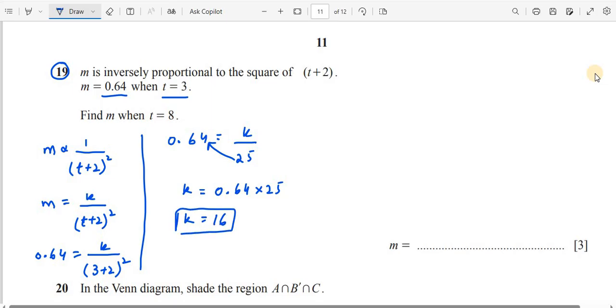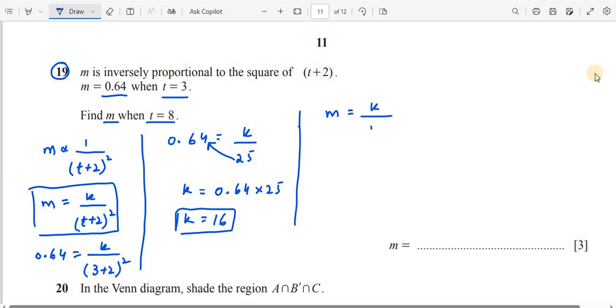The next part of this question is to find M if t is equal to 8. Use this equation, which is the main equation. M is equal to k over t plus 2 squared. So k is equal to 16 and now the value of t is 8.